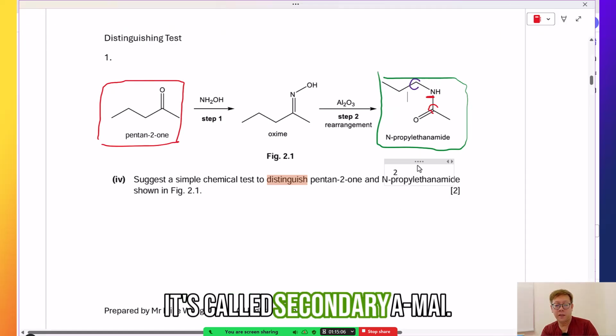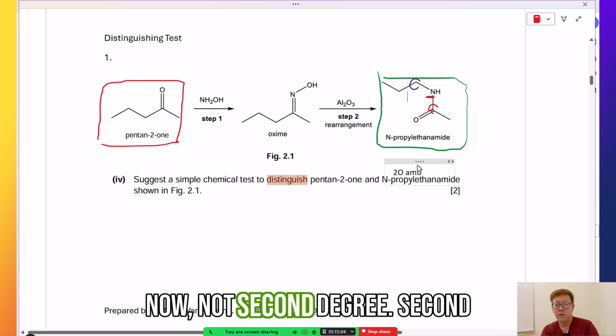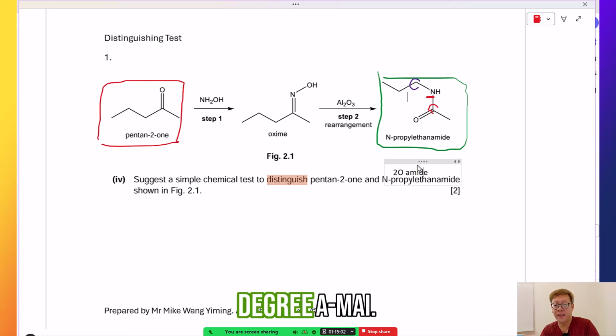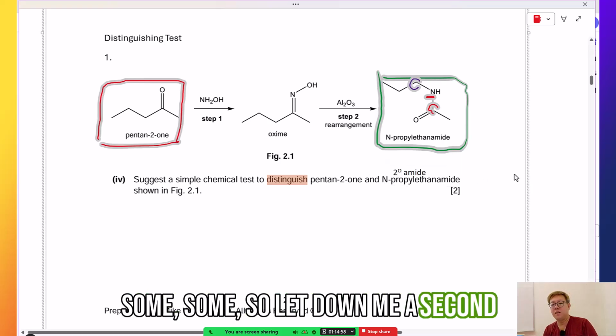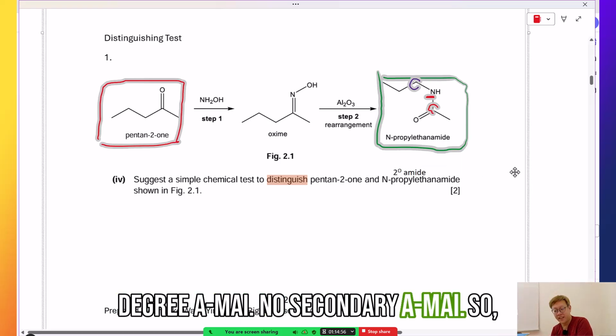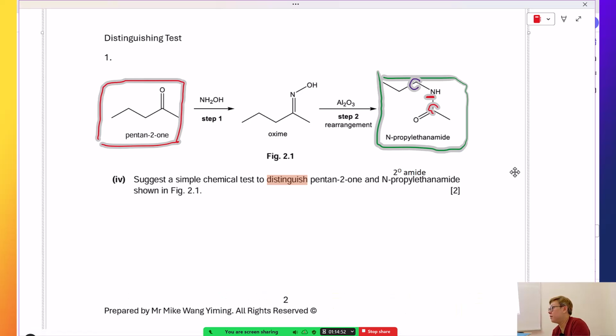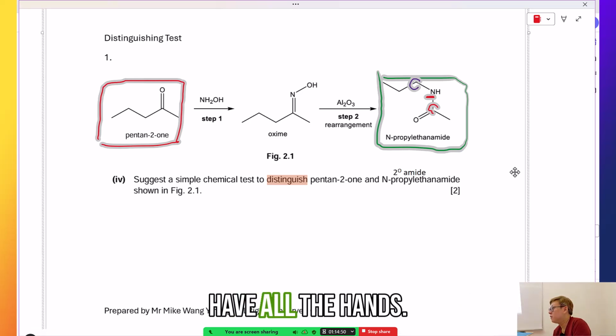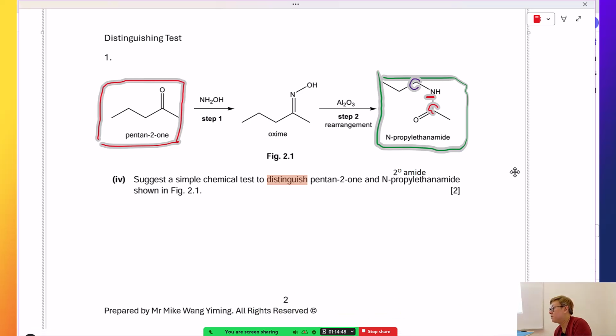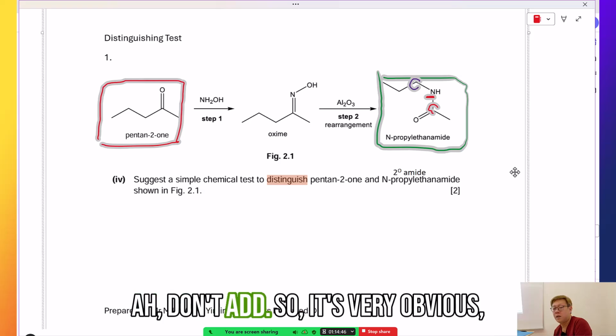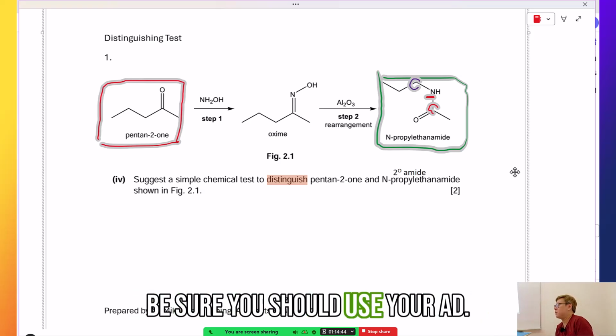Not second degree, secondary amide. Yeah, some students tell me, second degree amide. No, secondary amide. So do you have a distinguishing test for secondary amide? Have or don't have? Don't have. So it's very obvious which one you should use already.